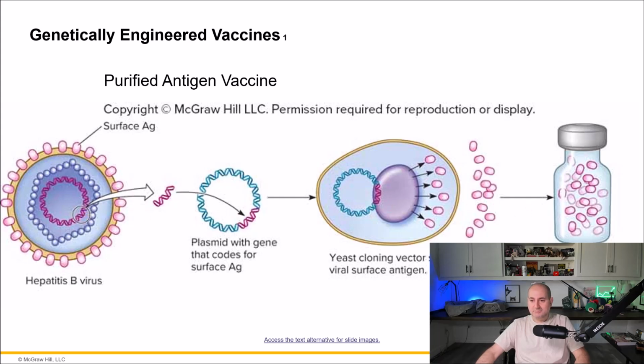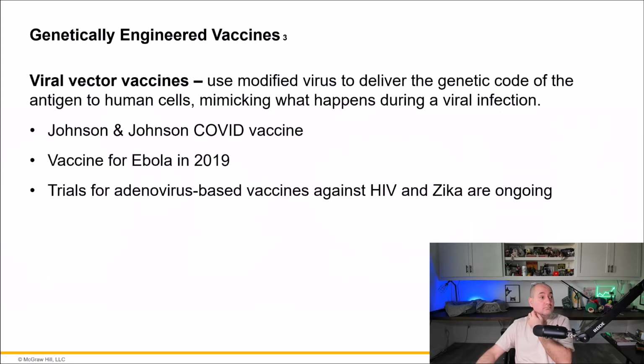And then you can bottle up that protein. Remember, this is technically a protein from this virus. In this case, it looks like a spike protein from that original virus, but you used genetic engineering in order to produce that protein from the virus. An example of a genetic engineered vaccine is the Johnson & Johnson COVID vaccine. So let's talk about how that works.